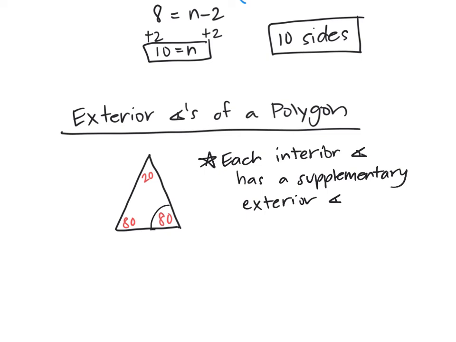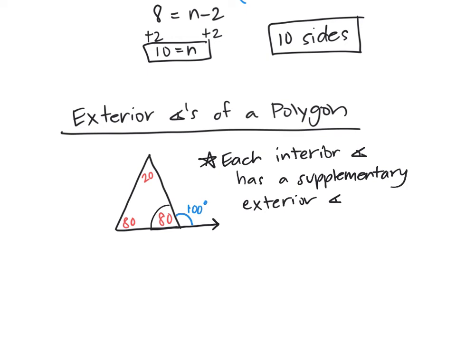If I extend this side like that, I have now an exterior angle. And that exterior angle is supplementary with 80. So let's label that exterior angle. If it's supplementary, it would have to be 100 degrees. So I could mark it like that.